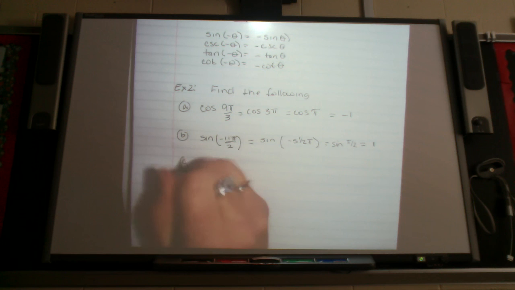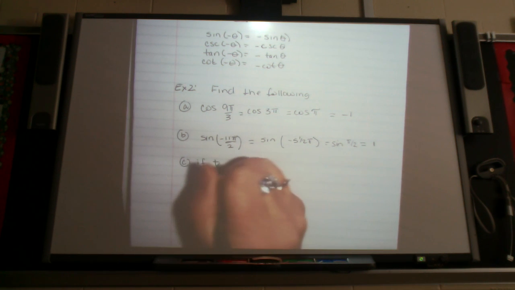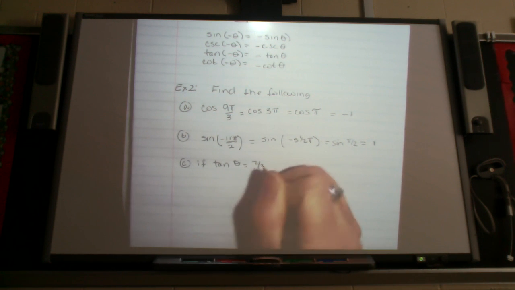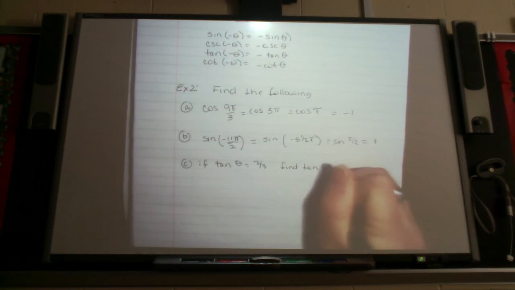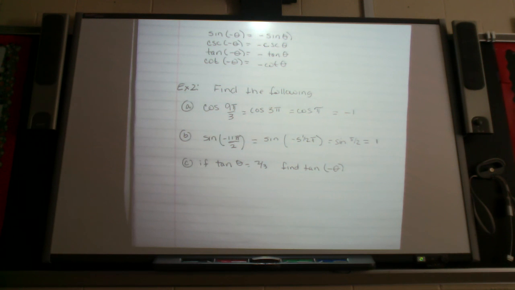C. If tangent of theta equals 2/3, find tangent of negative theta. Any ideas?